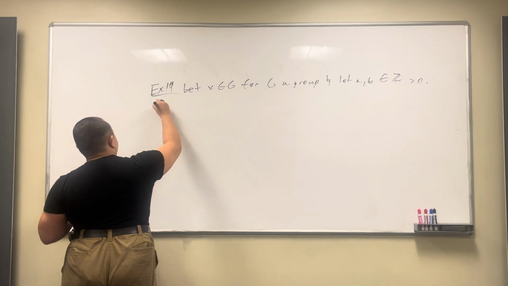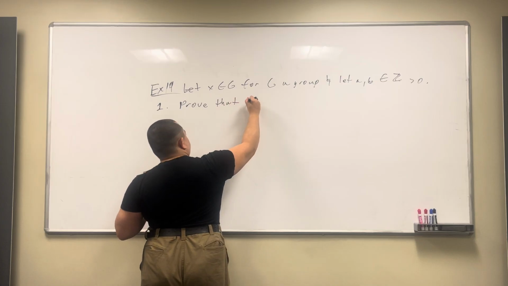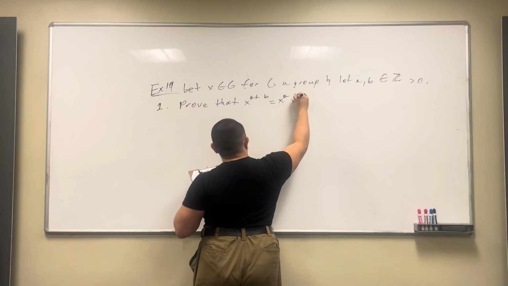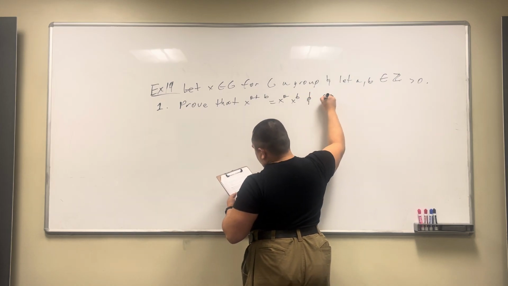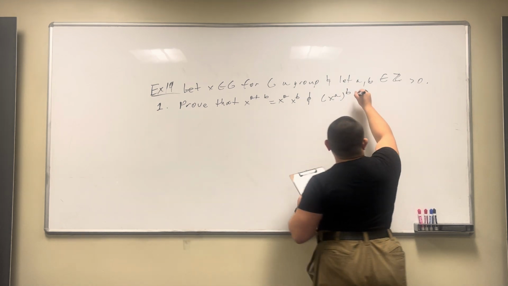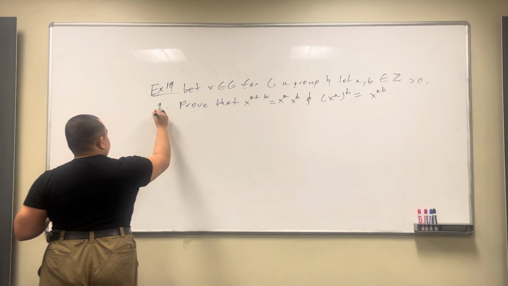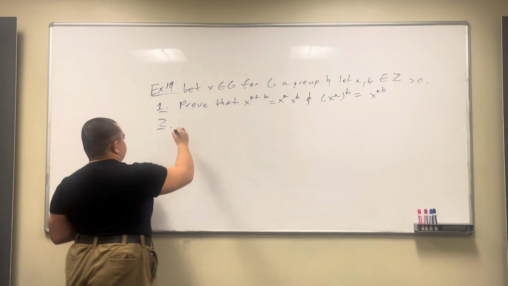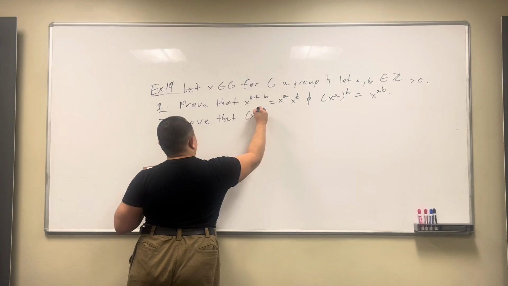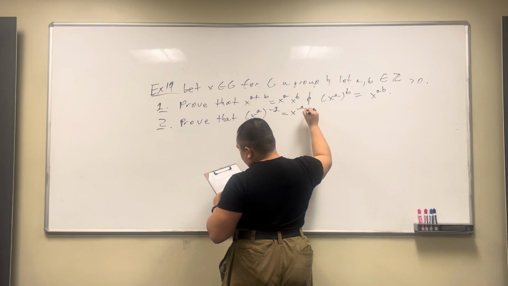We're asked to first prove that x to the a plus b is equal to x to the a times x to the b, and open parentheses x to the a, close parentheses to the b is equal to x to the ab. Prove that open parentheses x to the a, close parentheses to the negative 1 is equal to x to the negative a.